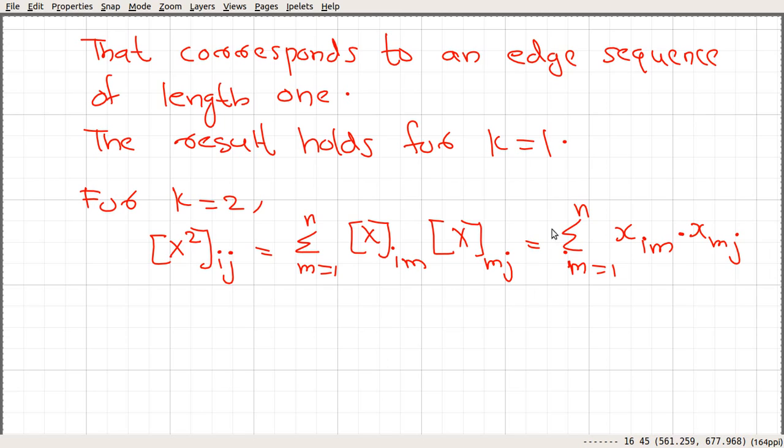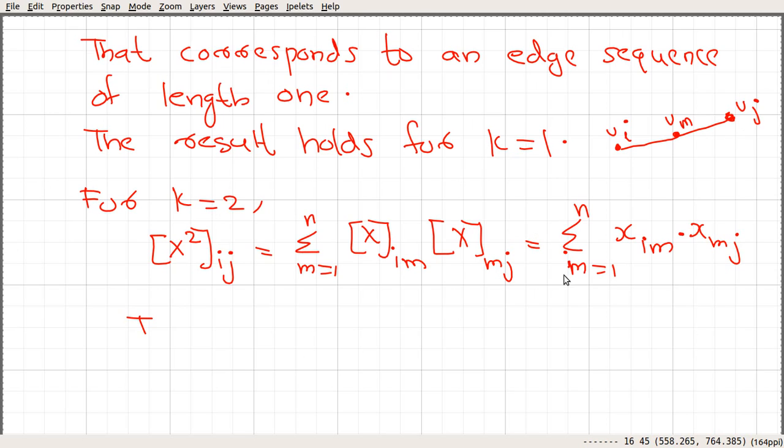Okay, and this quantity is equal to 1 if and only if both of them are equal to 1. Suppose that this is vi and this is vj and this is our intermediate vertex m. So this quantity is equal to 1 only if there is an edge between vi and vm and between vm and vj.